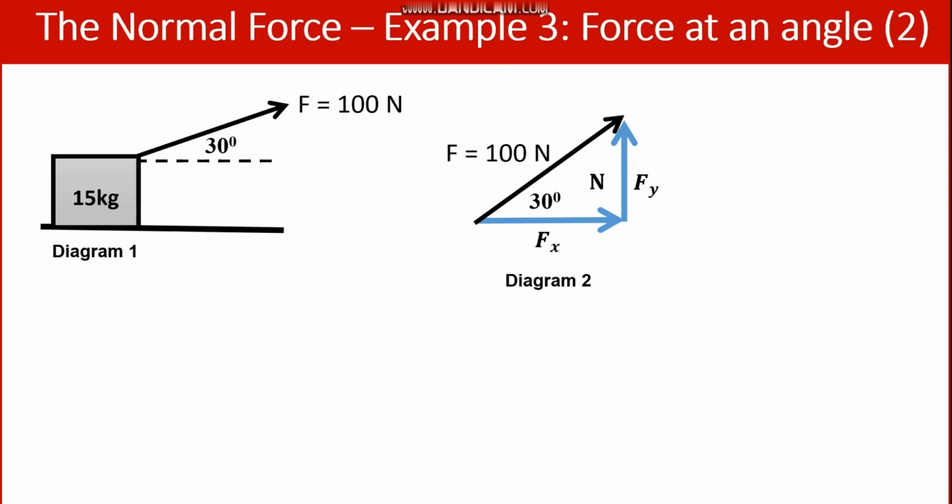The other forces acting on the box include Fg, which is the gravitational force, and the normal force which is acting up, and finally the vertical component of the applied force, which is Fy. We are going to use diagram 3 to calculate the normal force.